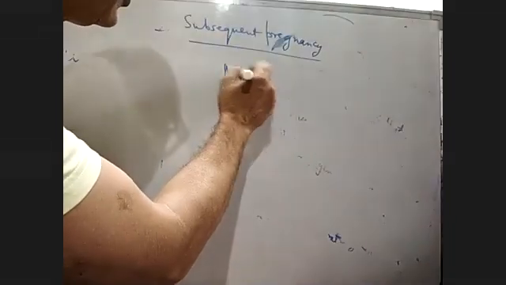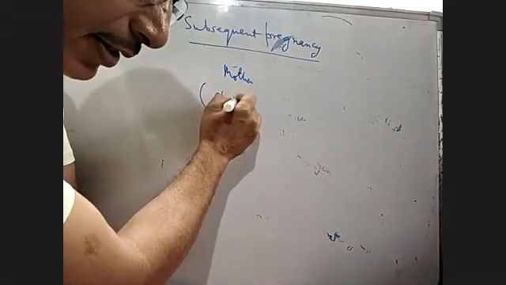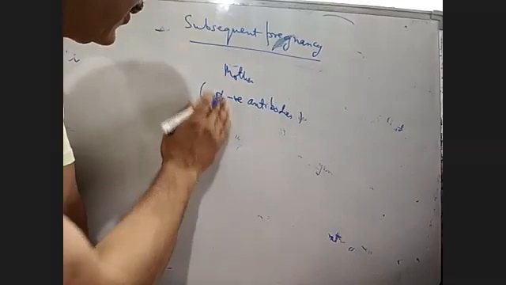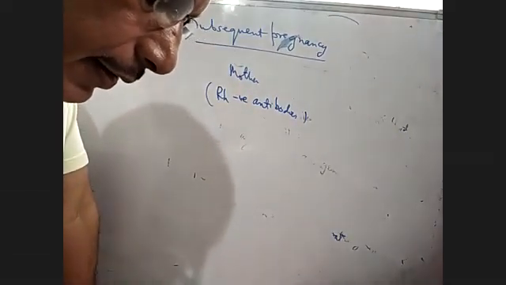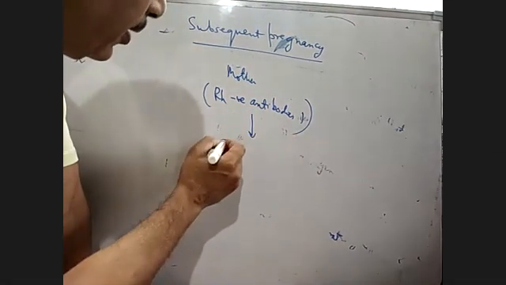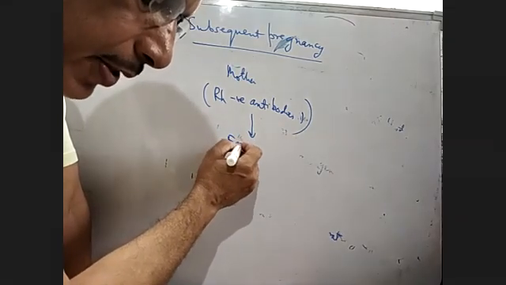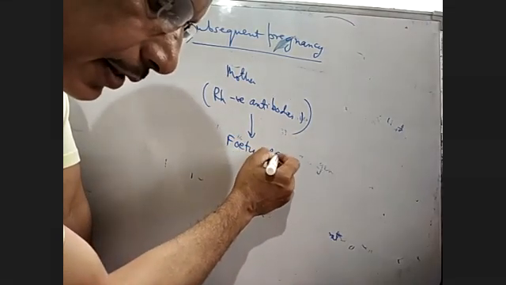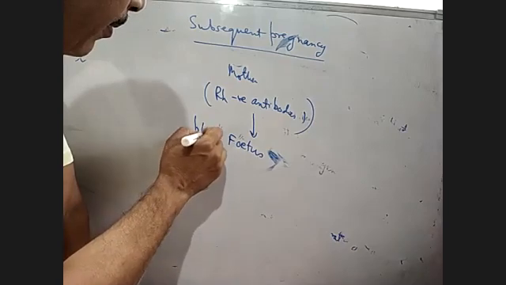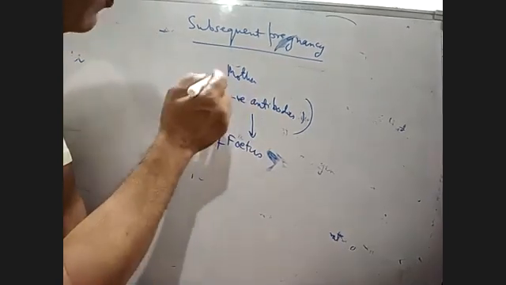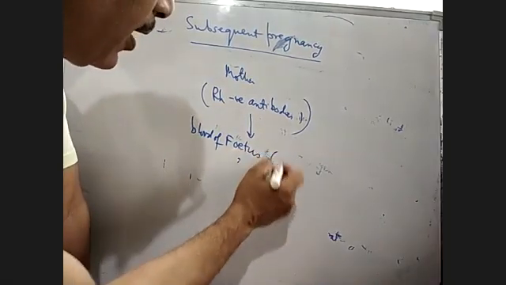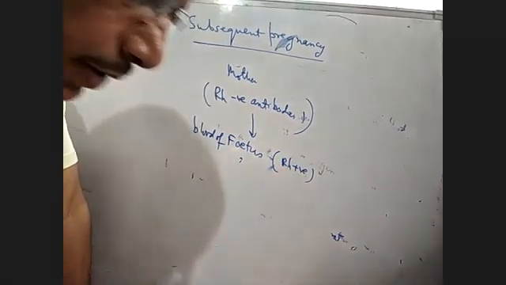The mother has Rh negative antibodies, and the blood of the mother having these antibodies can enter into the blood of the fetus, which has Rh positive blood.